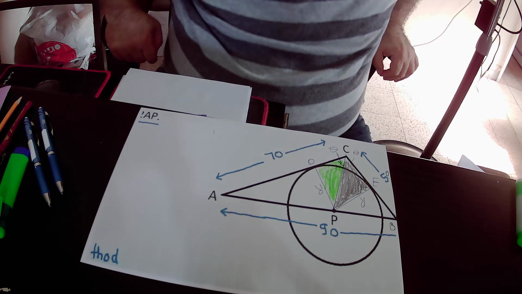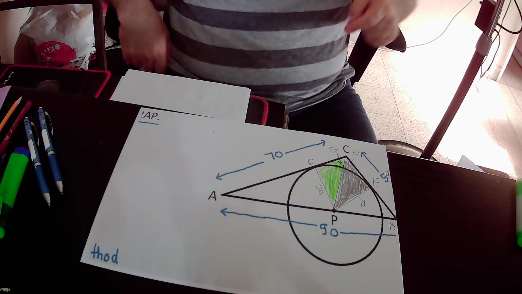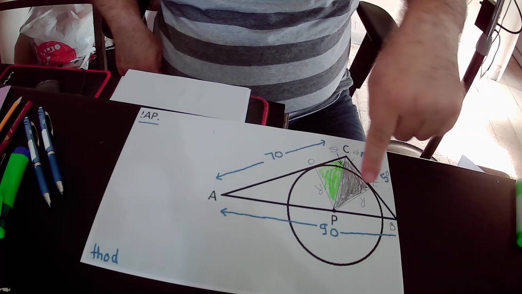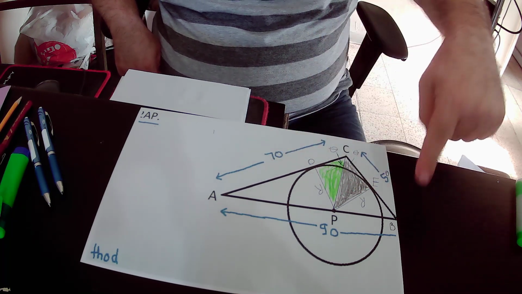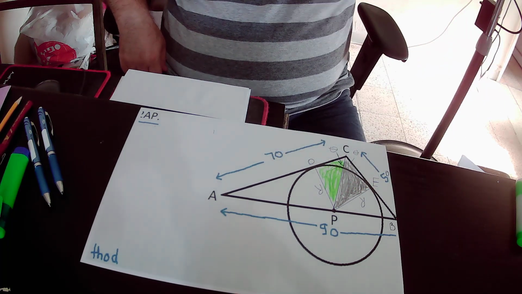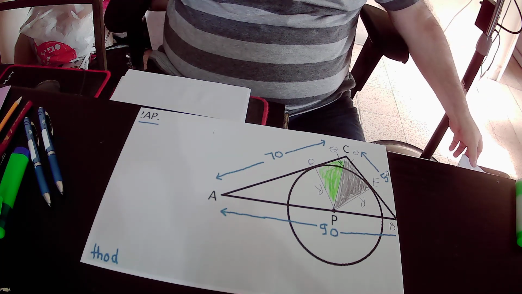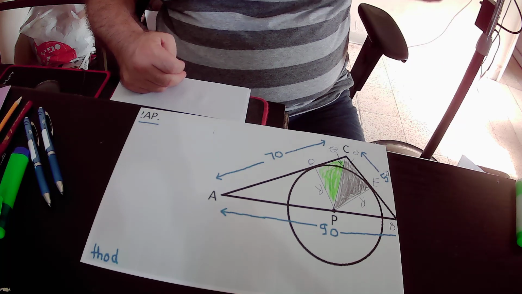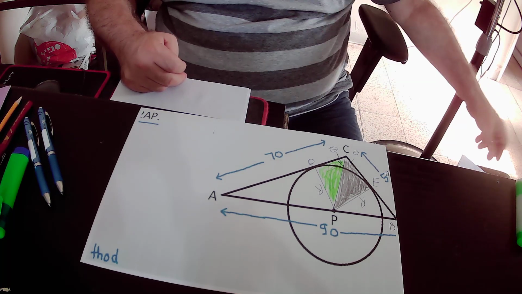And we have also a circle, the center of the circle P, and P is on side AB of the triangle, and CO and CE are tangents to the circle.